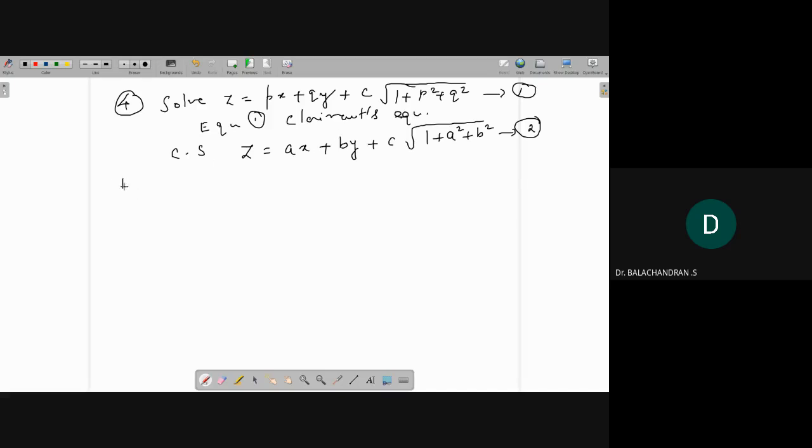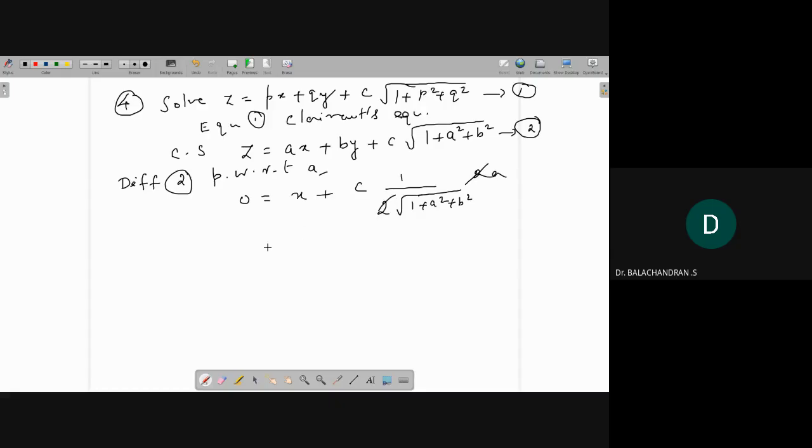Okay, now differentiate equation 2 partially with respect to a. You get 0 equal to x plus c by... if you differentiate root of 1 plus a square plus b square, you get 2 into root of 1 plus a square plus b square into 2a. So 2 gets cancelled.